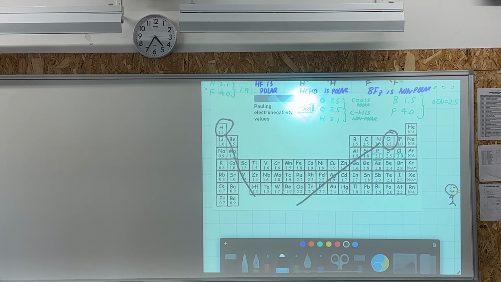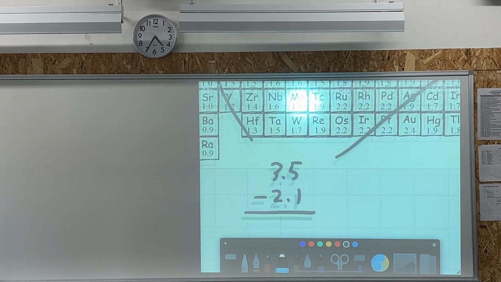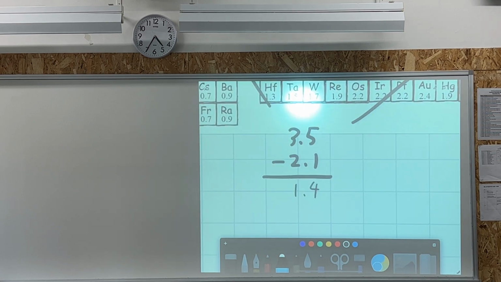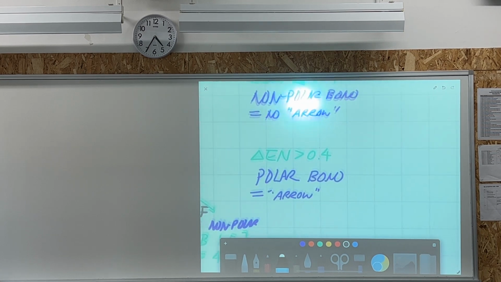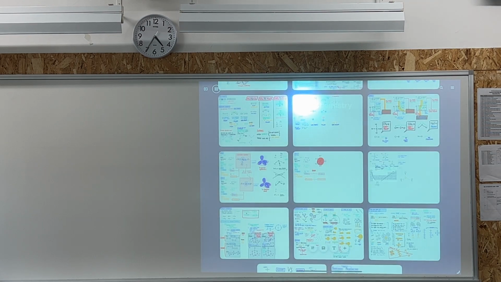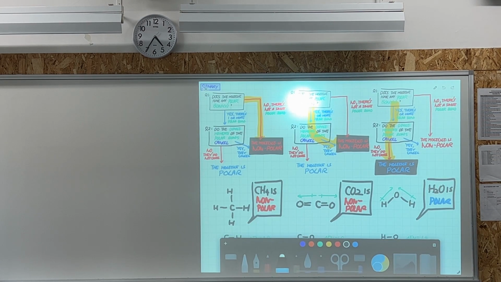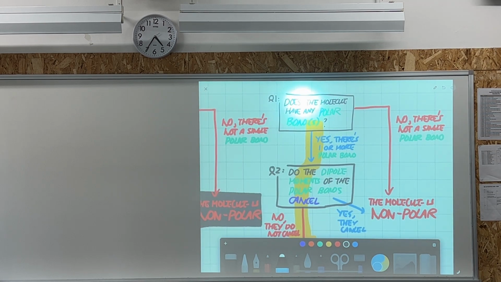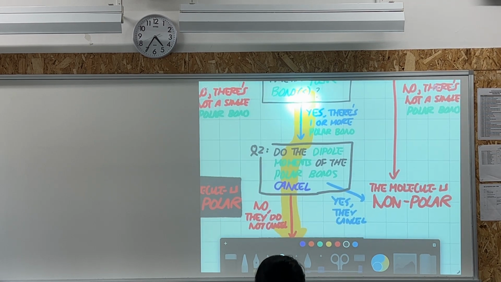What is 3.5 minus 2.1? 1.4. Yeah, 1.4 is way larger than 0.4, right? So what does it make? Does it make for a polar or non-polar bond? Polar. So what will we answer for the first question? Yes.